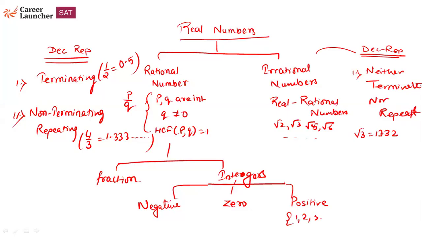Like 1, 2, 3, 4, and so on. These are positive integers. Negative integers are -1, -2, -3, -4, and so on. And 0 is neither negative nor positive. Clear?